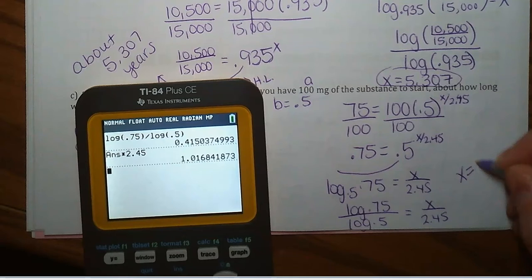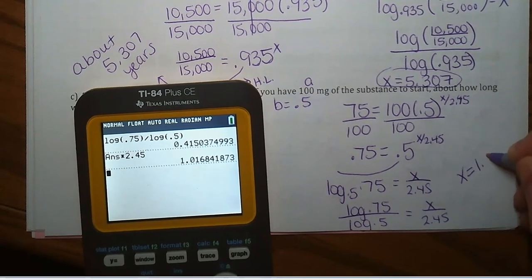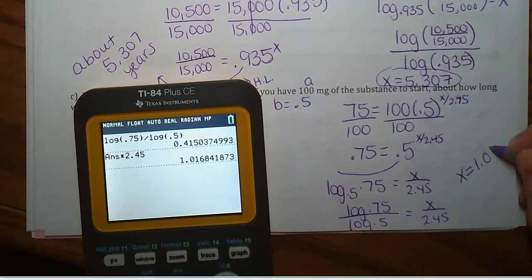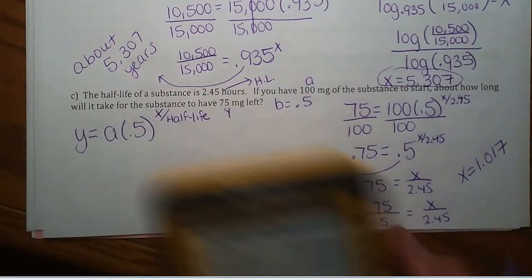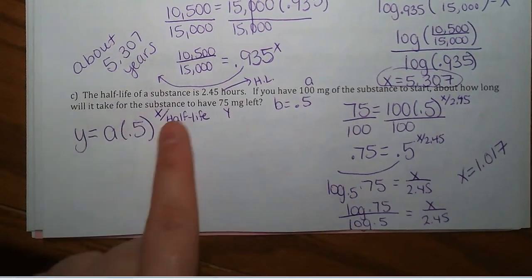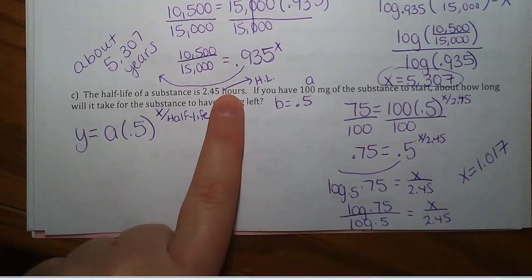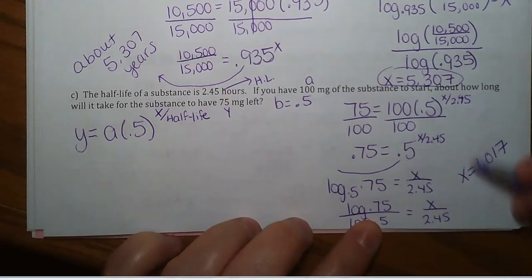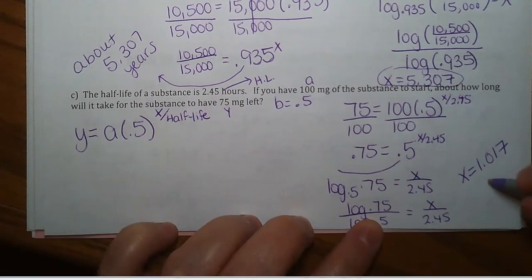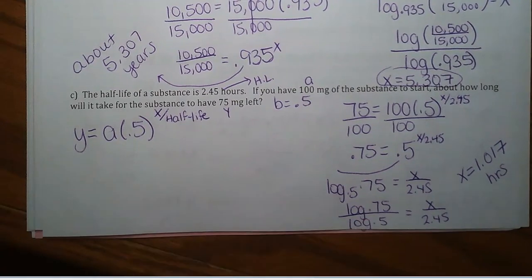And so I'm going to go 3 decimal places like I've been doing. 1.017. So this says about how long will it take for the substance to have 75 milligrams left. Since the half-life is in hours, our answer would be approximately 1.017 hours for that to happen.